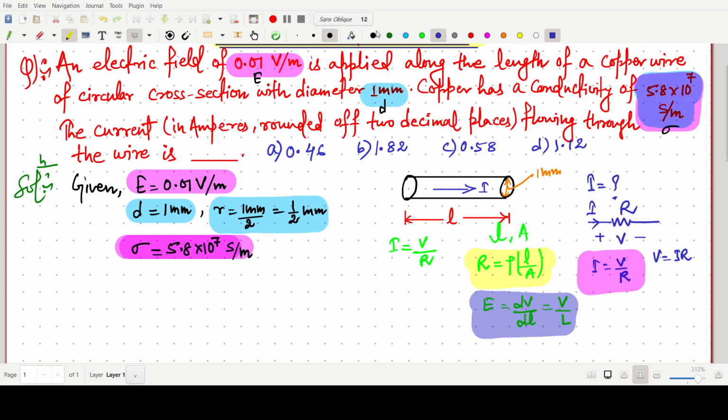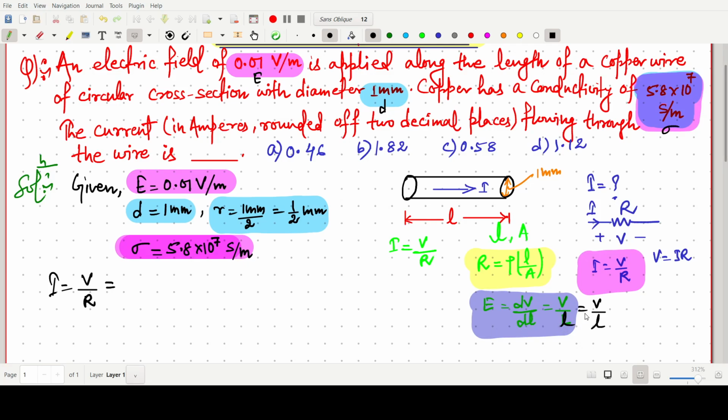So now we have to find the current. What we can write is the I value, as we have written, V by R. In our question the electric field is given, and the length is L, so it is better to write V by small l.